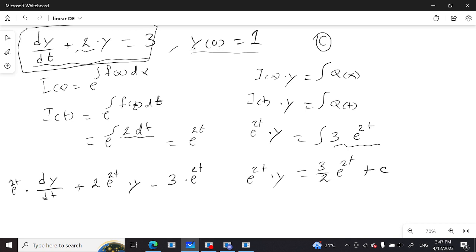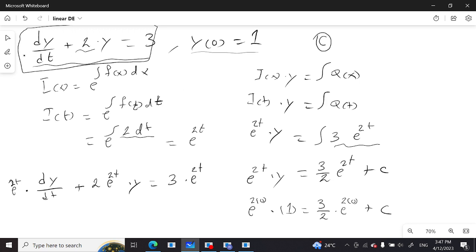So when y is equal to 1, t is equal to 0. So for every t in this equation, we substitute 0. So exponential 2 multiplied by 0 times 1 is equal to 3 divided by 2 times exponential 2 multiplied by 0 plus c.